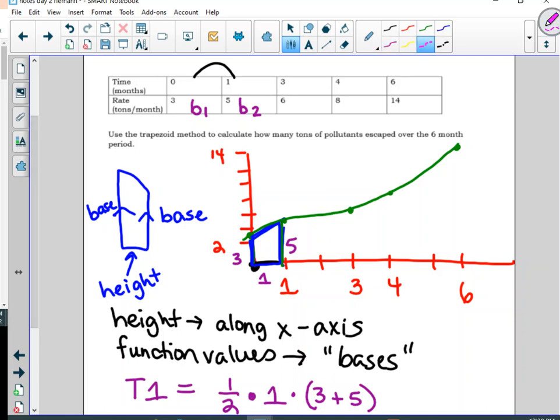The next trapezoid repeats the 5. We're going to use the 5 and the 6, so this is trapezoid number 2: 1/2 times 2 this time times 5 plus 6.